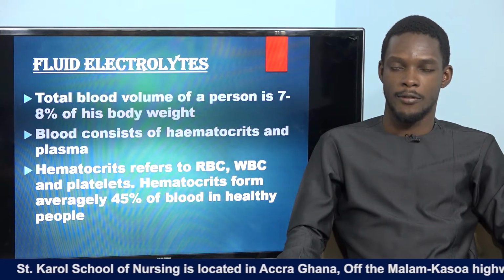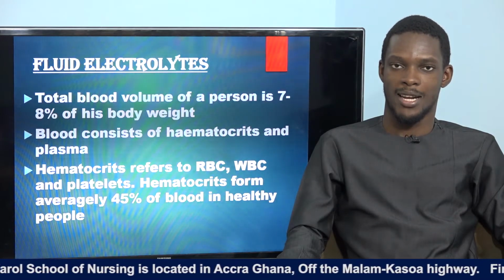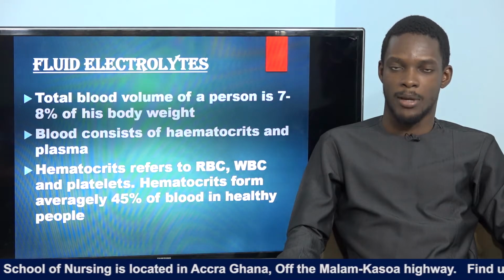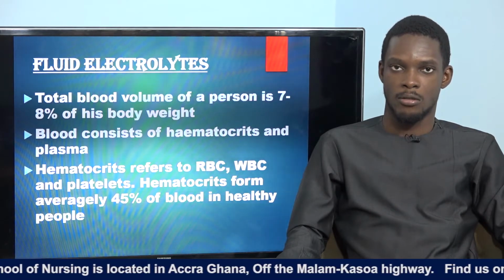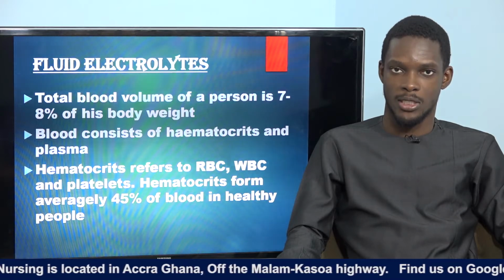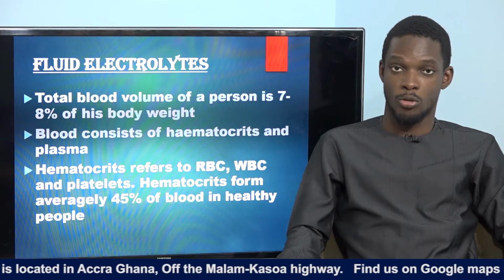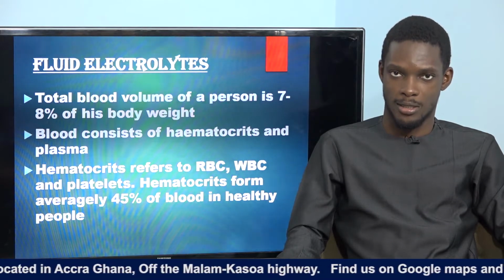The remaining 55% consists of blood plasma. Blood plasma refers to electrolytes dissolved in fluid, which is called serum, and clotting factors.